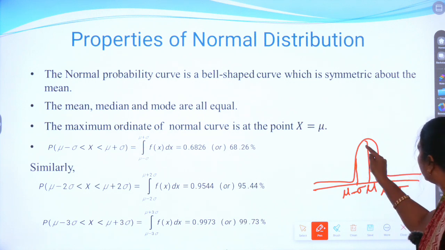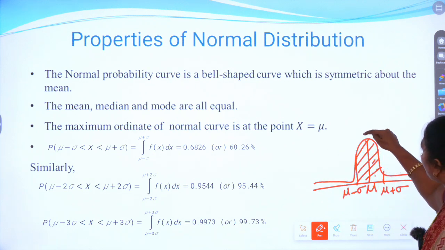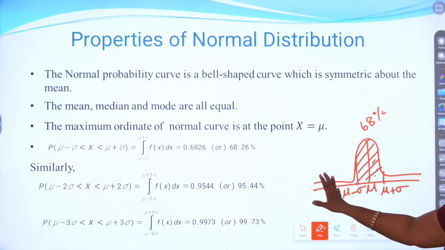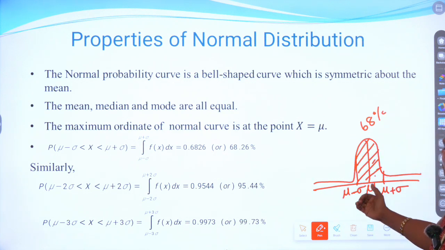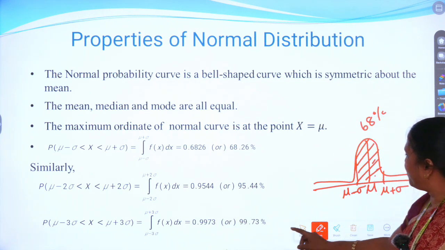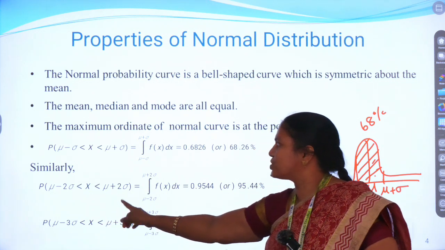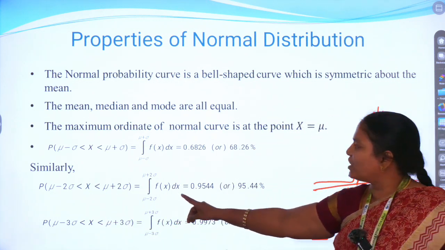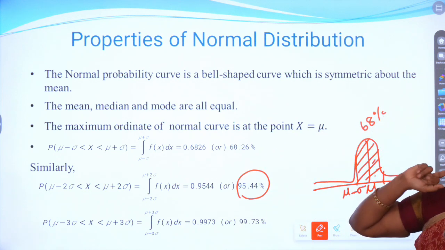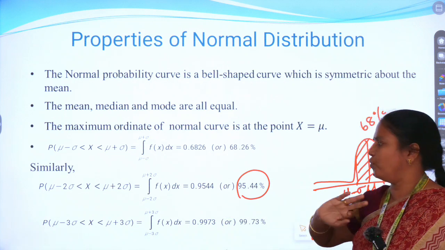So the probability of this region is approximately equal to 68%. These are all the standard values. Next, the probability of mu minus 2 sigma less than x less than mu plus 2 sigma is 95.44%, or we can write it as 0.9544.